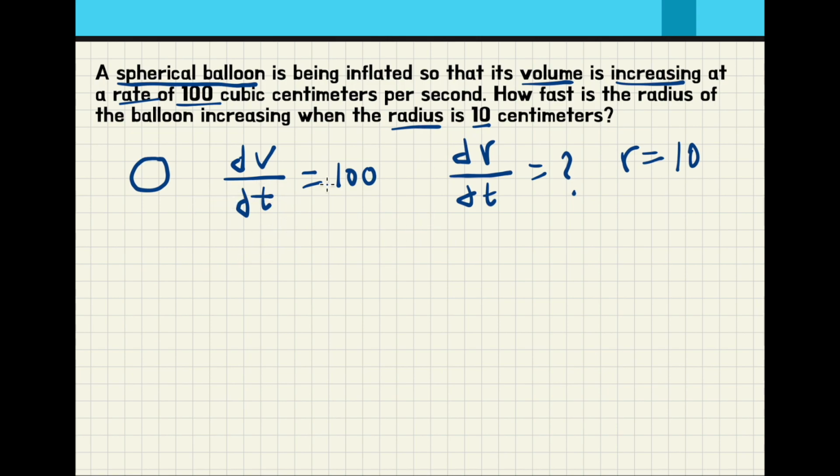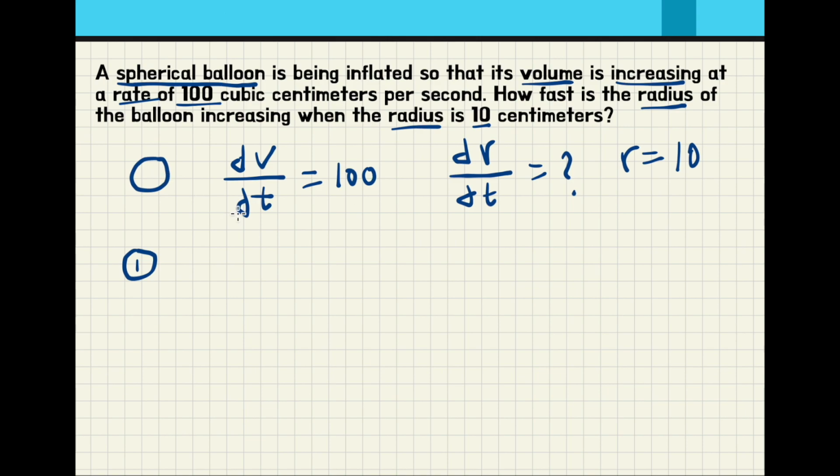Now, like I said before, our first step is to find the equation or formula that includes all of the variables that the question gives us. So what equation or formula contains volume and radius of a spherical balloon?